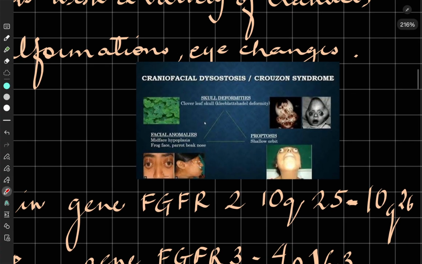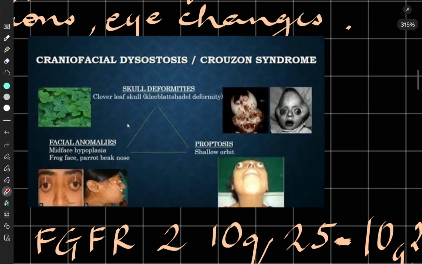So we start with craniofacial dysostosis or Crouzon syndrome. I told you about the triad. There are skull deformities. Mostly you will see a clover leaf skull. There will be other shapes as well. It's also known as Kleeblattschädel deformity.